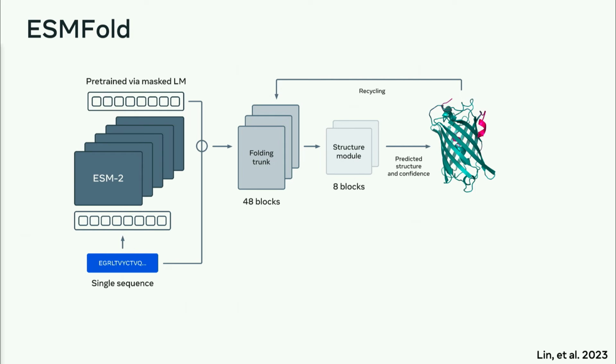So the model is looking at this evolutionary family to make its prediction. What ESM fold is able to do is make a prediction directly from the sequence. The input to the model is the sequence. It's processed by the language model, and then there's a projection out into the structure.